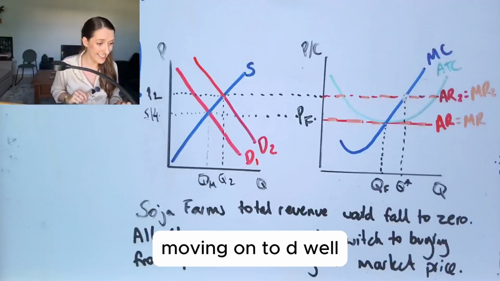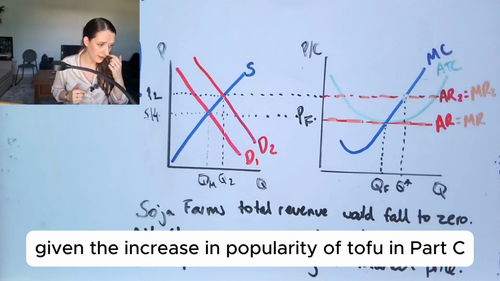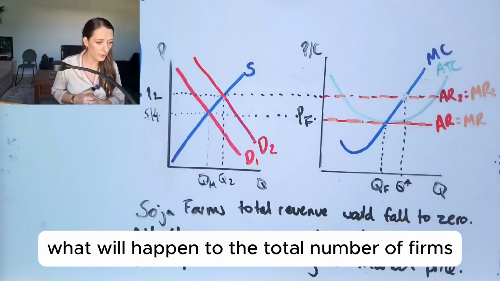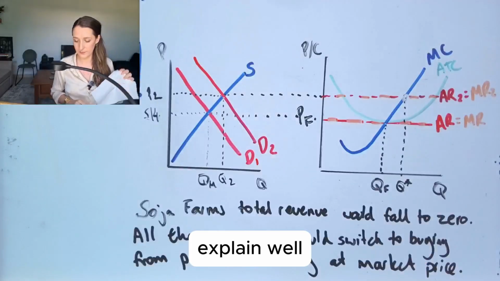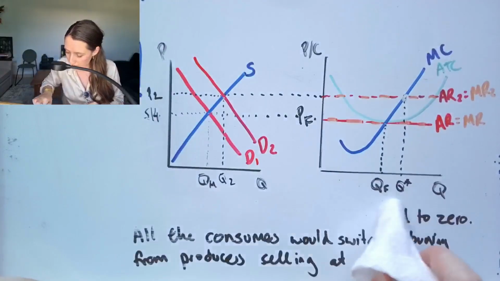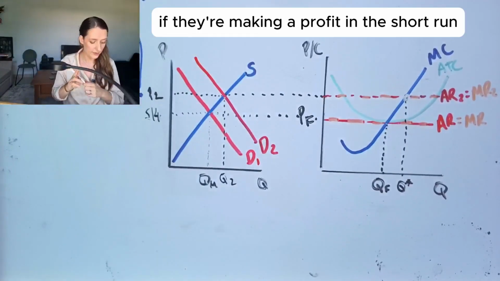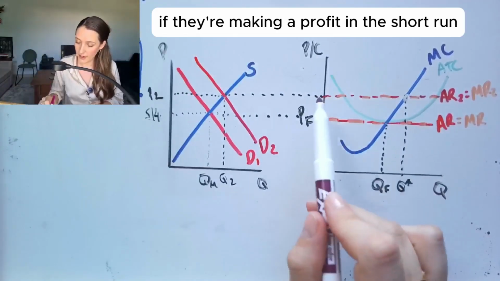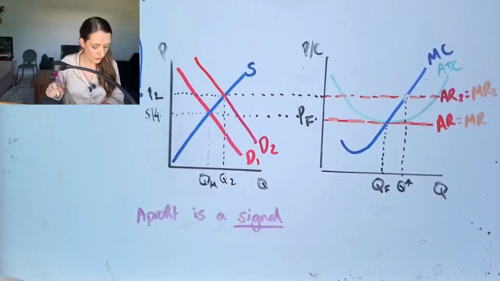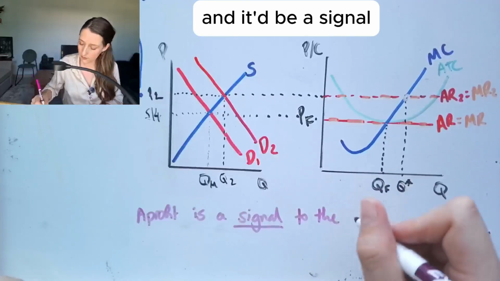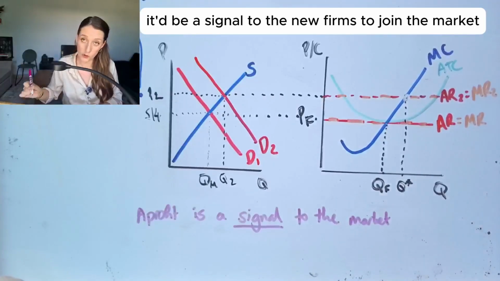Moving on to D. Given the increase in popularity of tofu in part C, what will happen to the total number of firms in the soybean market in the long run? Explain. Well, write this out, give me some space to write. If they're making a profit in the short run, that would be a signal to the market, and it'd be a signal to new firms to join the market.